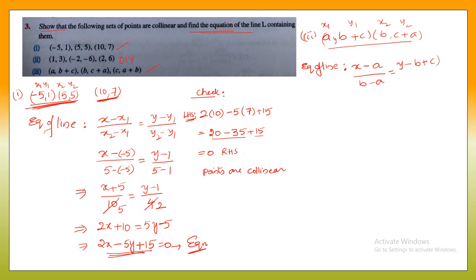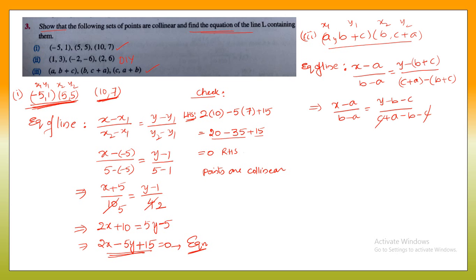So y1 is b plus c, by y2 minus y1, so y2 minus y1 means c plus a minus of b plus c. Now on simplification, x minus a by b minus a is equal to y minus b minus c divided by c plus a minus b minus c. So this minus c and this plus c get cancelled.